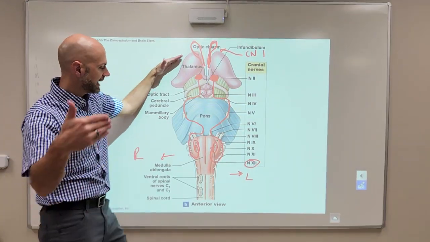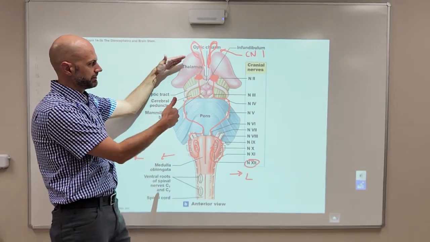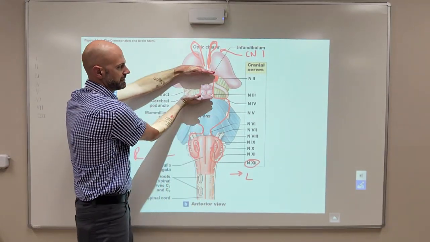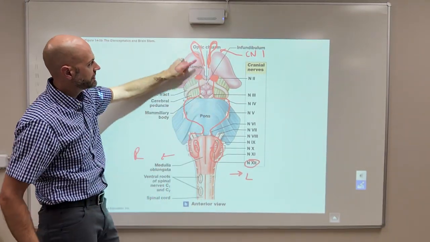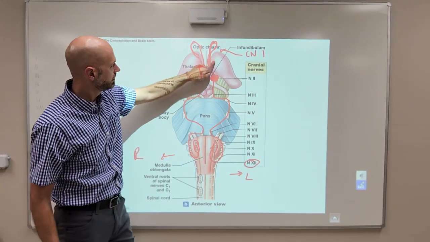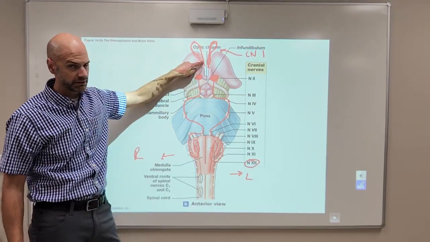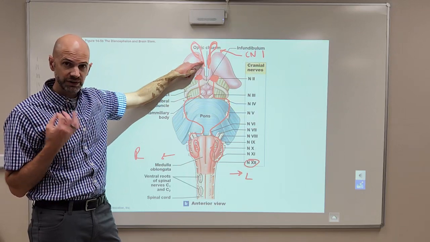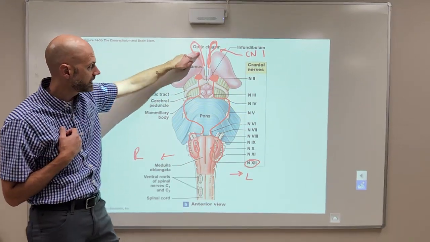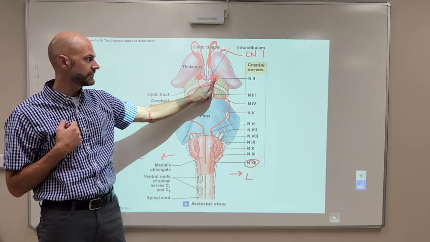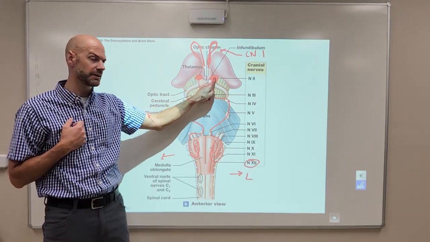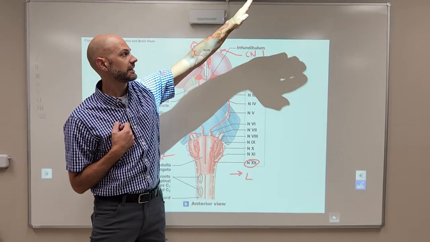So here's an anterior view of the brainstem. Medulla, pons, midbrain. And starting here, these red blotches are meant to represent the olfactory bulb. That's cranial nerve 1. Then we go down here to this little stub, it's actually going to come out this way.